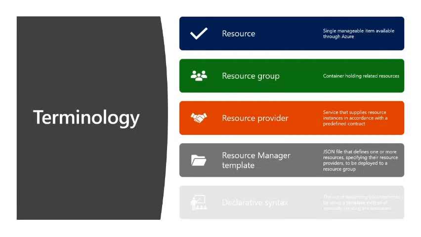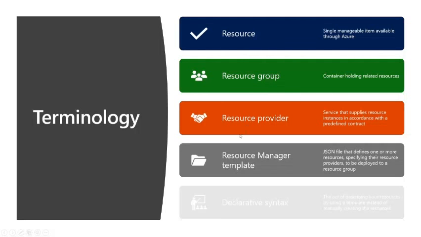Terminology for this: a resource is a single manageable item available through Azure. So an ARM template can contain multiple resources, and in that template, you have a resource which contains its name, its definition, and then the resource group it is related to.